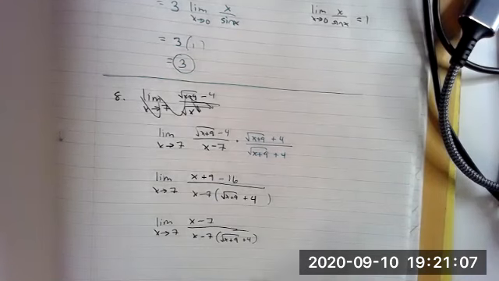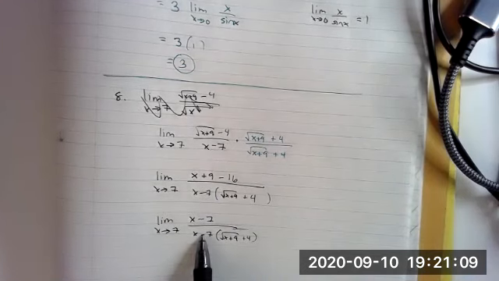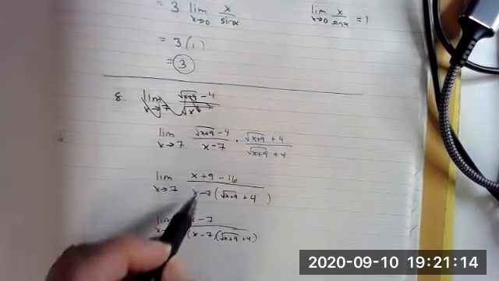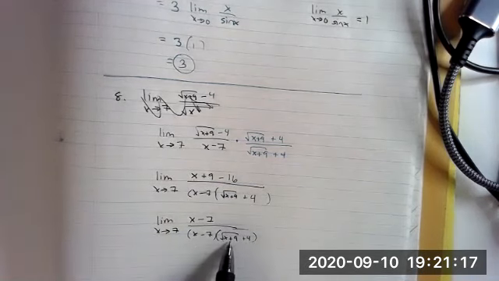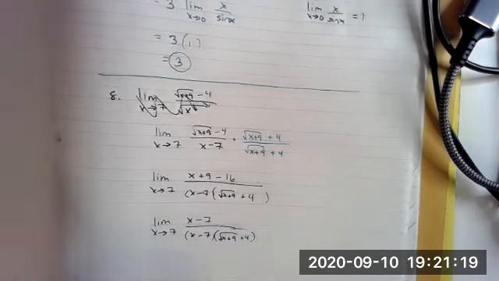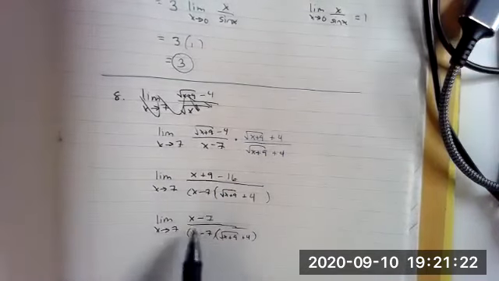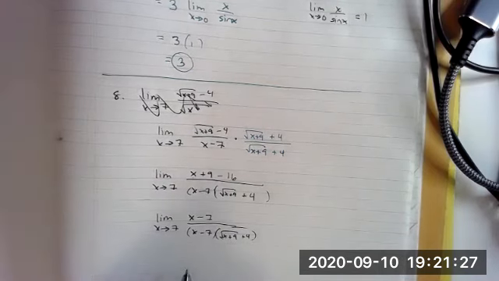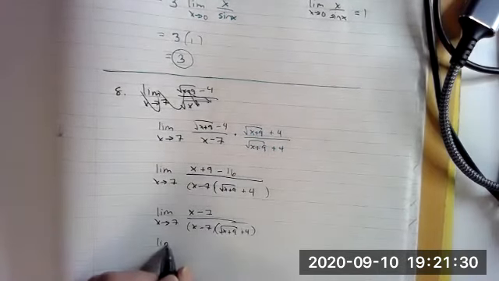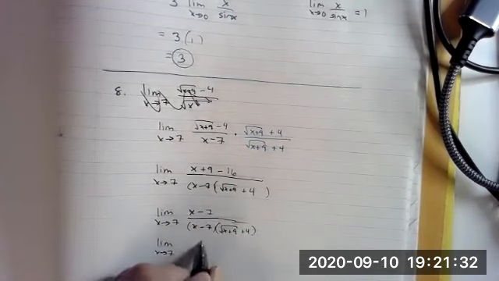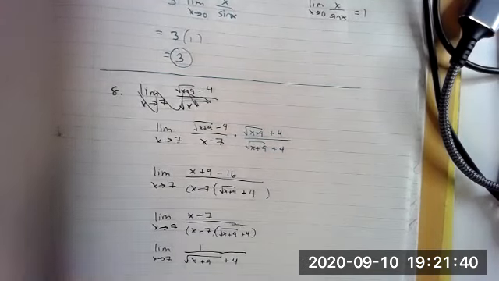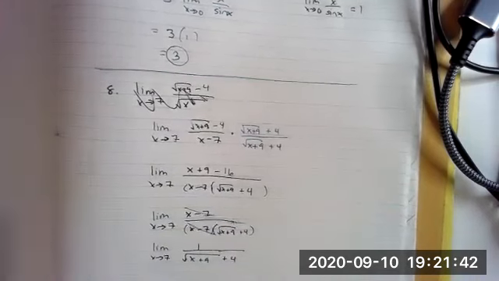Now what's interesting is these two terms are multiplied together: this is x minus 7 times the square root of x plus 9 plus 4. So what you can do is divide out x minus 7 divided by x minus 7. So this is going to be the limit as x approaches 7 of 1 over the square root of x plus 9, plus 4, because basically we divided these out.